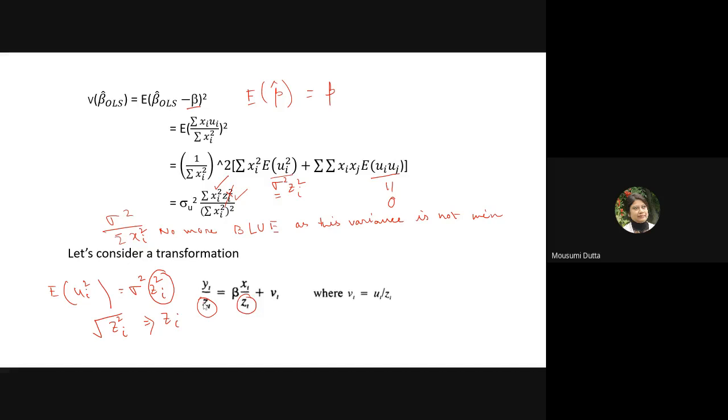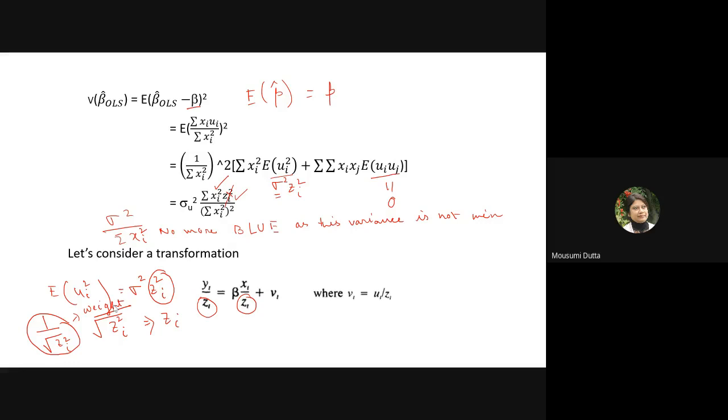Vi is also Ui by Zi. So taking the square root of the multiplicative component and deflating, actually we are considering 1 upon root over Zi square, better to say, 1 upon Zi, as a weight, and multiplying the entire regression by that weight.